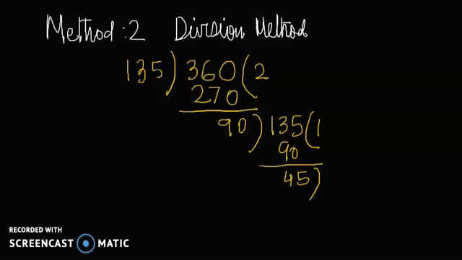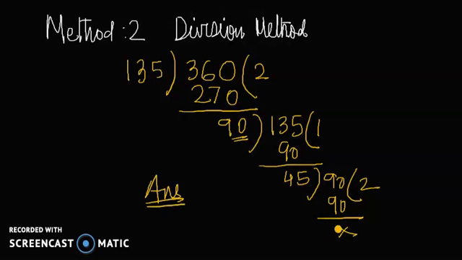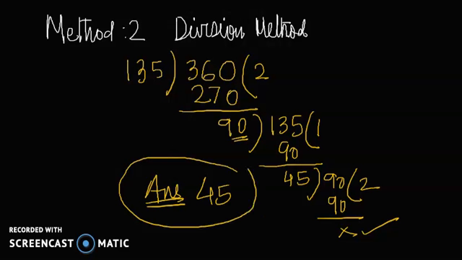Now you write this 45 like this and write this 90 here, and you get 45 times 2 is 90. So merely in 2 steps you got the answer. Here the last divisor, which gives you the result 0, is 45. That is why 45 is the answer to this question.